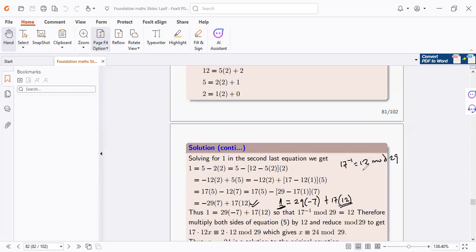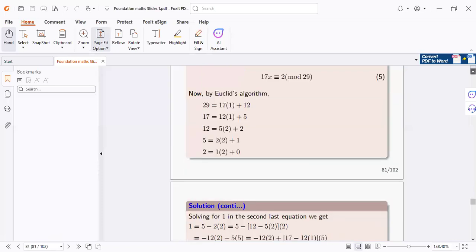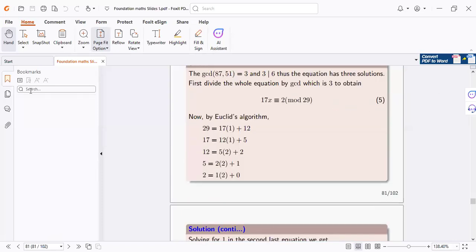Now, so multiply by this 12 on both sides of the second equation. Let's just go back to where the equation was, that we see what it is. The equation is here, equation 5, the equation that we got after dividing through by the GCD.